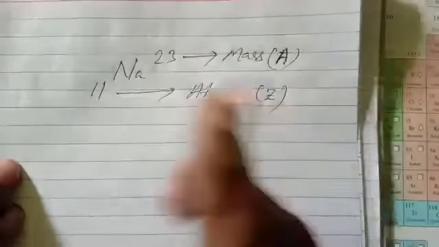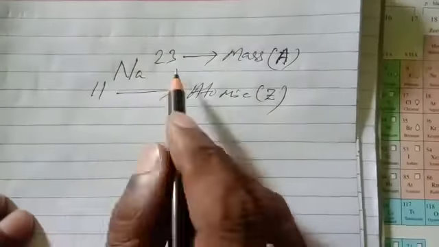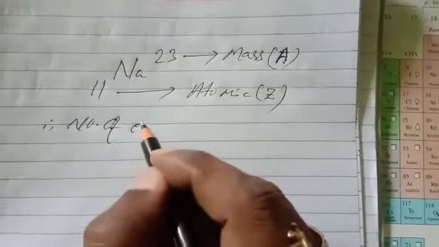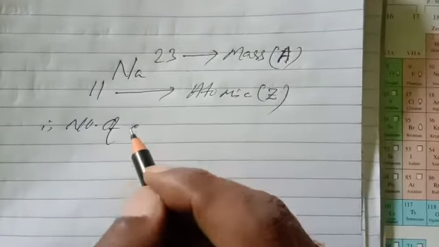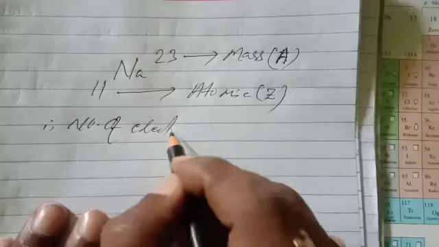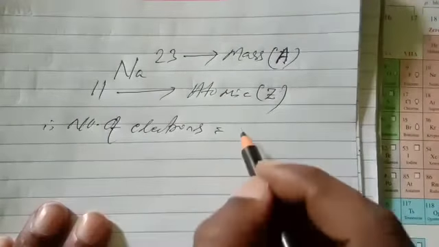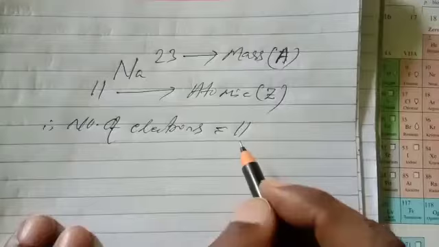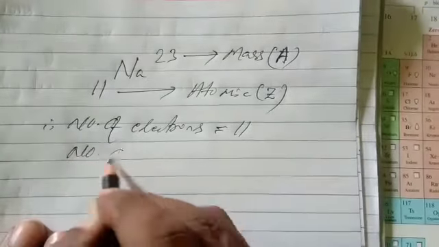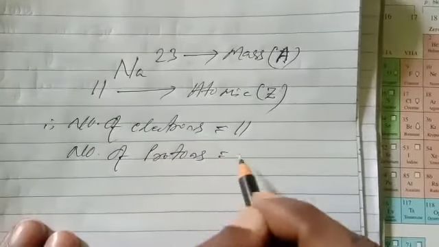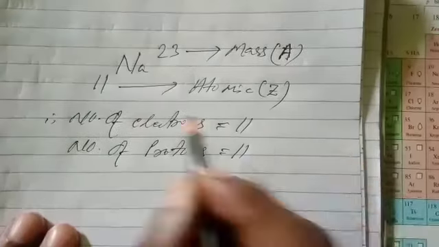That means here, if you know the atomic number and mass number, easily you can tell number of electrons. Number of electrons equal to how much? As it is given atomic number 11, number of electrons is equal to 11. Number of protons will be same, 11, because atom is electrically neutral.